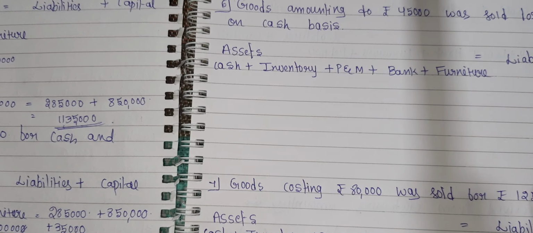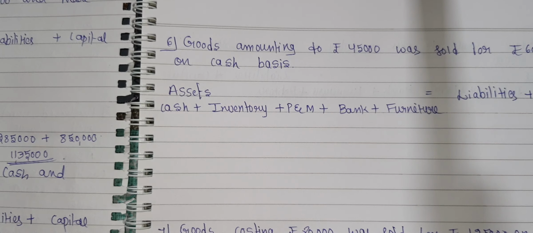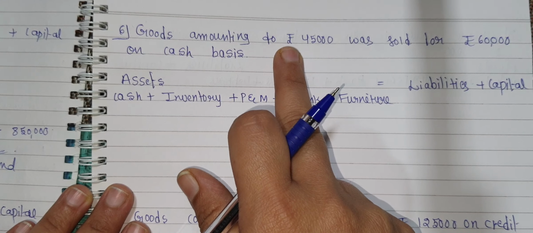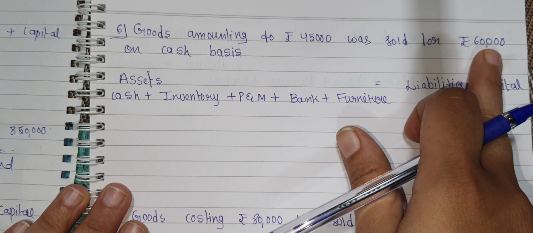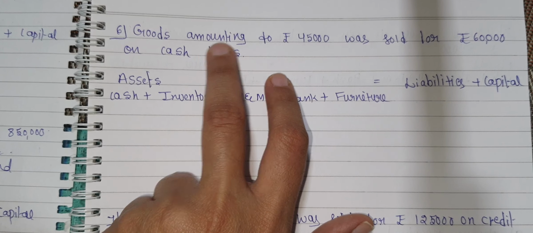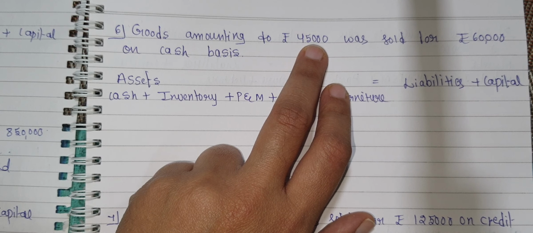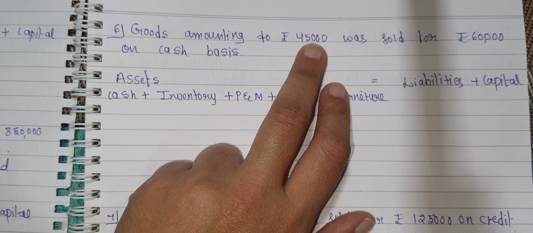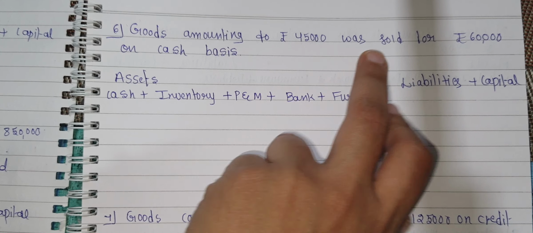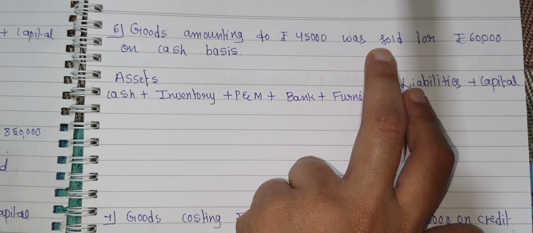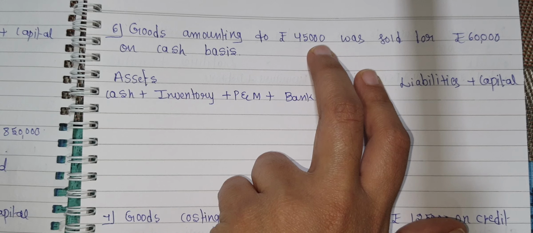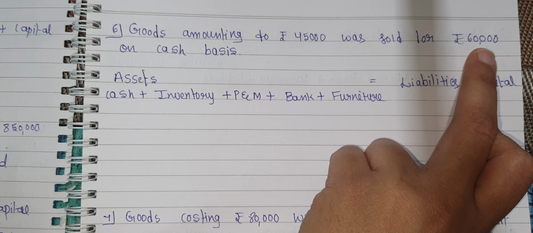See here, goods amounting to rupees 45,000 were sold for rupees 60,000 on cash basis. Means the value of goods is rupees 45,000, but here we sold the same goods for rupees 60,000 on cash basis.